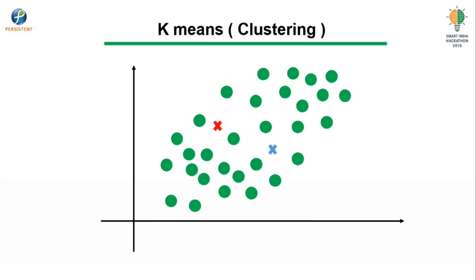If you are close to blue, turn blue, and this is how all the data points change their color. Once this color change happens, the time has come to move the seeds once again to the new mean. This moves in this direction, this moves in this direction, and eventually the means move to their new position and all the data points go back to their original color.